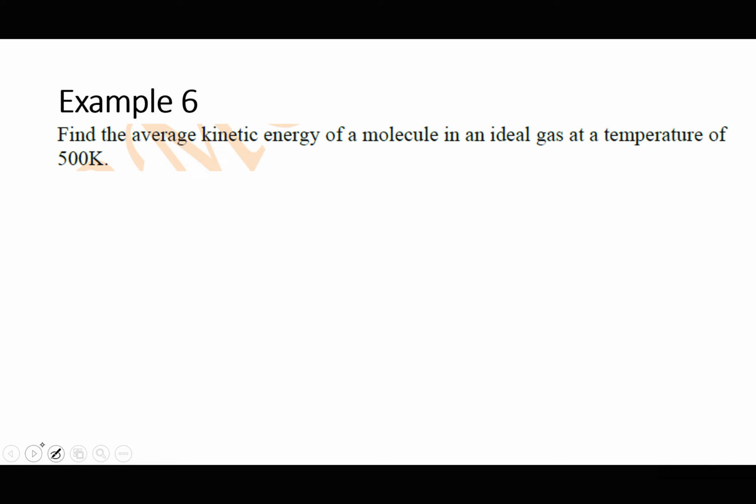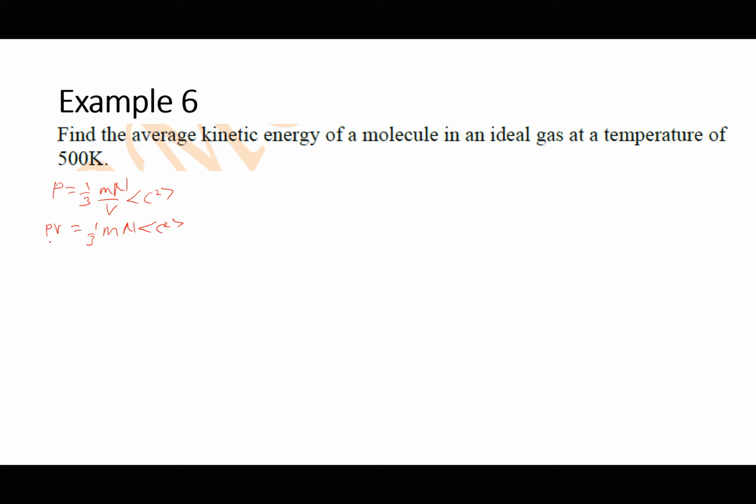I know that pressure is equal to a third mN divided by V times the average c squared. This equation is always given in the list of formulae. This means PV is equal to 1 over 3 mN times the average of c squared.